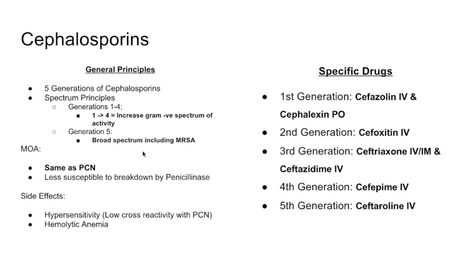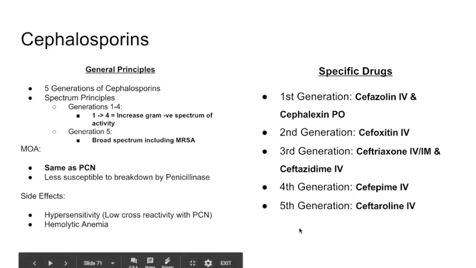Next class of cell wall inhibitors are the cephalosporins. And I want you to think of the cephalosporins as cousins to the penicillins. They have the same ring, they have the same mechanism of action. It's just they're a little bit advanced. So think about it as the smarter cousins of the penicillins. And there are 5 generations of cephalosporins, and they're right here.